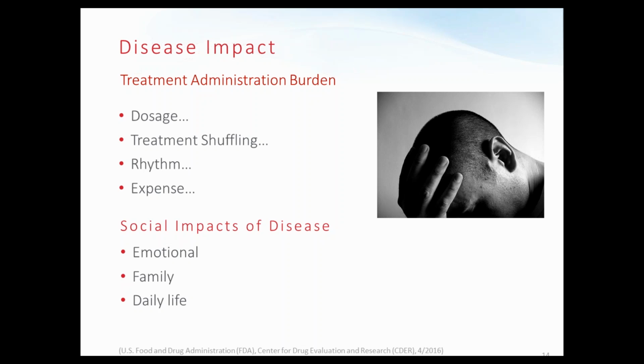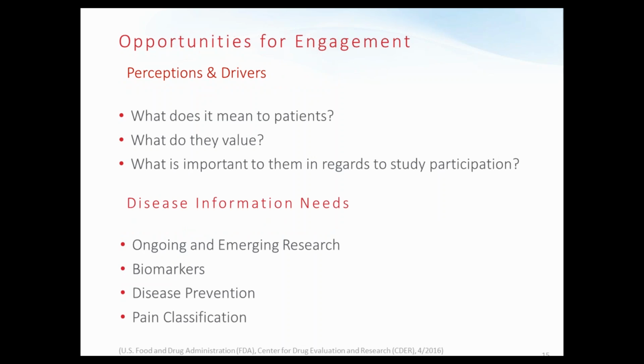There's the frustration of the family, there's fear about being dependent on loved ones, there's loss of friends due to lack of mobility, and many around the patient don't understand the physical or emotional impacts of the disease. These are some examples from the FDA Voice of the Patient reports. I really recommend just reading them.